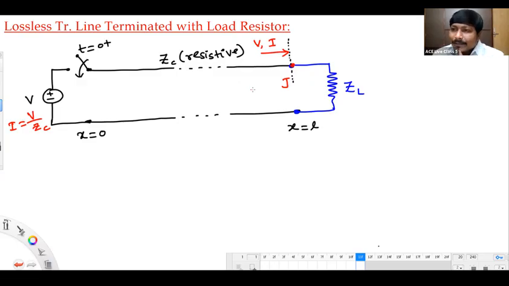At that time, what will happen? Definitely, there is a change in the electric and magnetic fields. Because of that change, there will be a change in the voltage and the currents, after the waves have reached the junction.